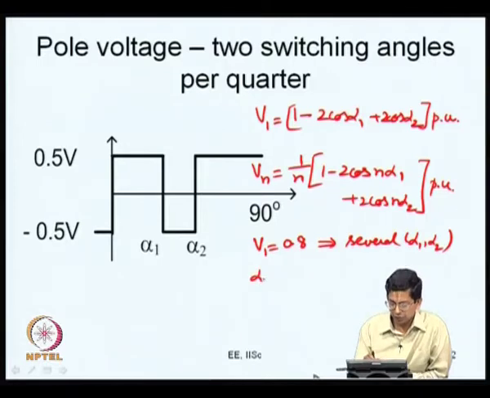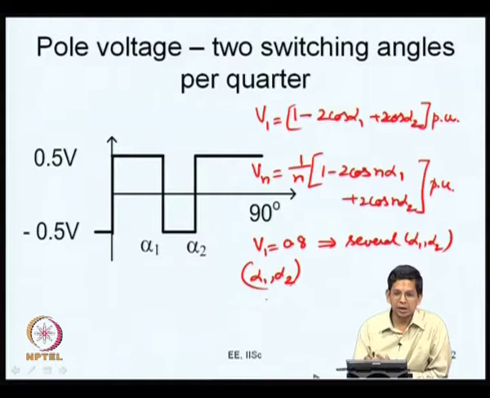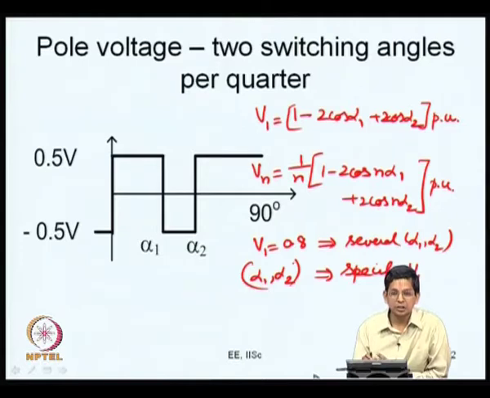If I specify a particular value of alpha 1 and alpha 2, let us say 20 degrees and 40 degrees or 60 degrees and 80 degrees, this will give me a specific V1. On the other hand, if I have a specific fundamental voltage such as V1 equal to 0.8, I can realize this not using just one pair of alpha 1 and alpha 2, but I can use several pairs of alpha 1 and alpha 2.